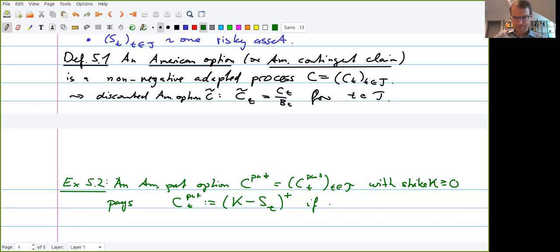This is the payoff if you exercise the option at time t. So this is an American put option.